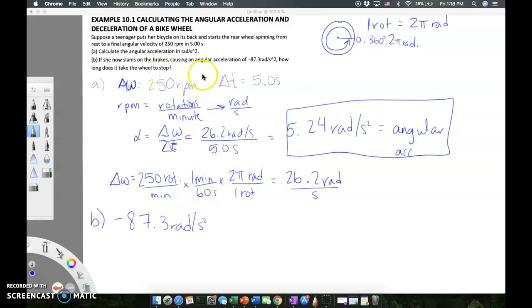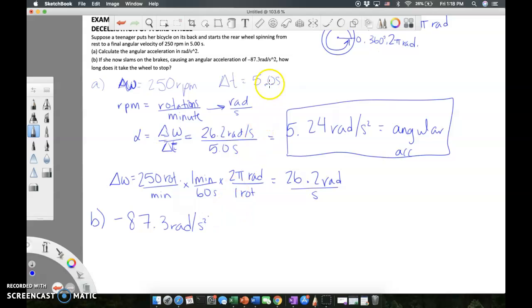So she slammed on the brakes, and we are still going the same speed. This is my alpha now, but my angular velocity is still the 26.2 radians per second.